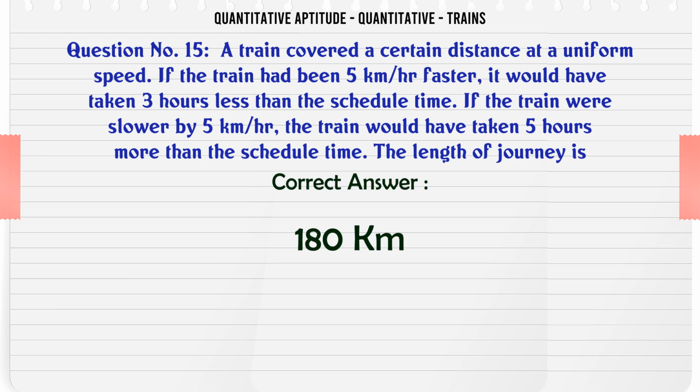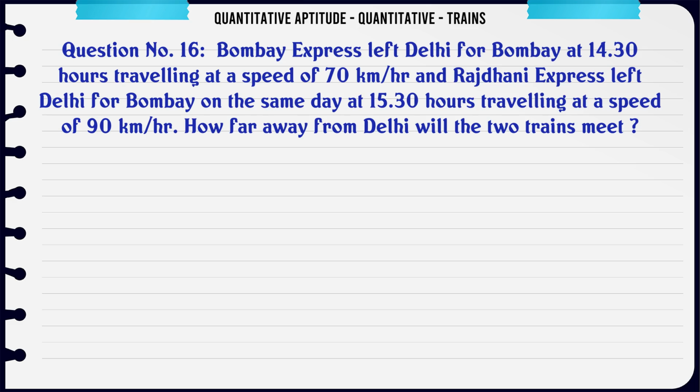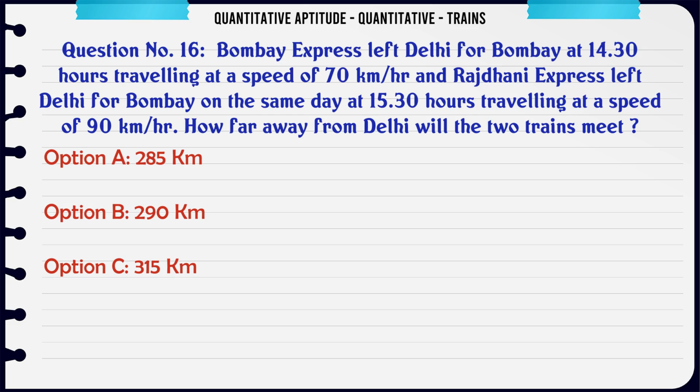180 km. Bombay Express left Delhi for Bombay at 14.30 hours travelling at a speed of 70 km/h and Rajdhani Express left Delhi for Bombay on the same day at 15.30 hours travelling at a speed of 90 km/h. How far away from Delhi will the two trains meet?